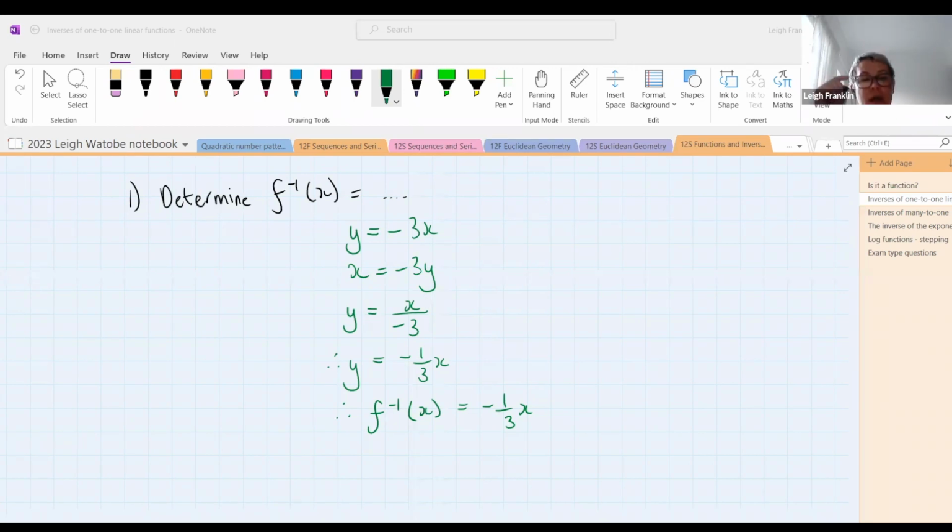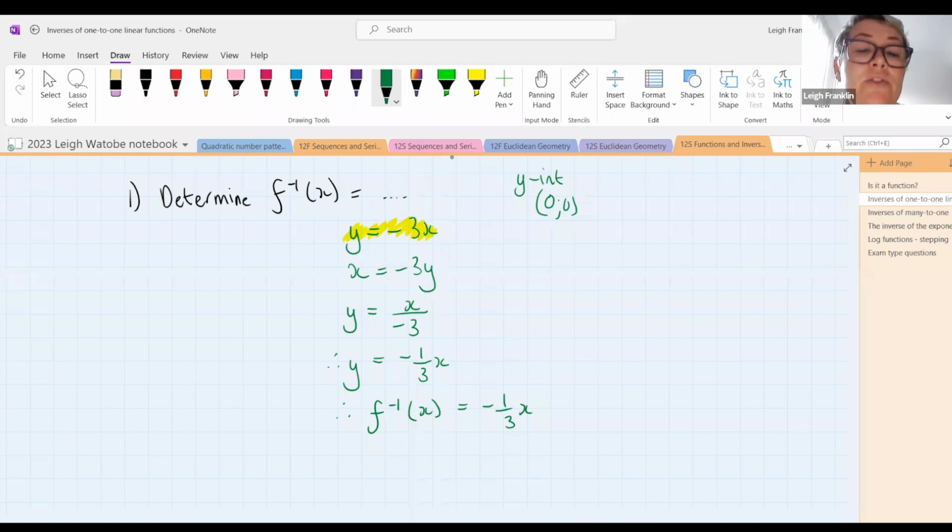Now, if we were to work out the coordinates of the x and the y intercepts of both our original and our inverse, we're going to have a problem in this case because my x-intercept is 0 and my y-intercept is 0. So algebraically, because remember this was my original function, I can see the value of c is 0, so I know that the y-intercept has the coordinates 0 and 0.